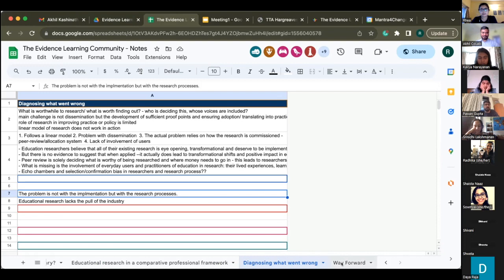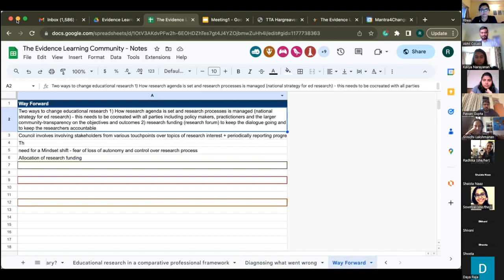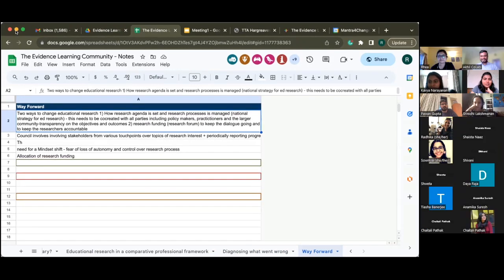Anyone from the last group? Yeah, I think we didn't get a chance to decide who would present, but maybe I could start off and anyone else could add.